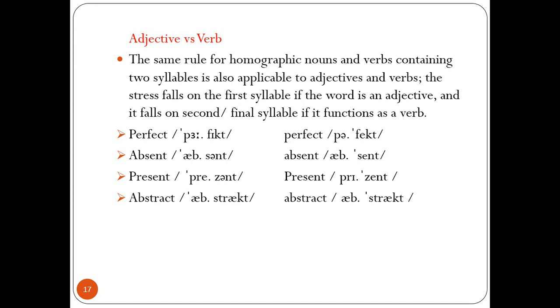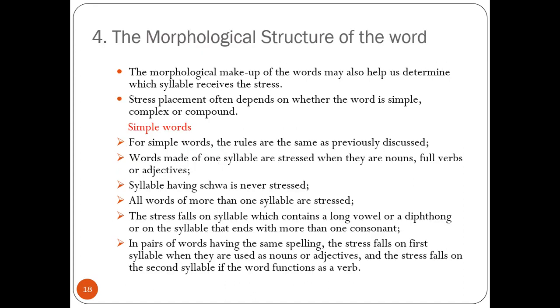Now it is an adjective and a verb. Again the same pronunciation, the same kind of rule: the first syllable is stressed in the adjective and the second in the verb. So we have got what? Present and present. And likewise the last example would be abstract and abstract. This is the last example.